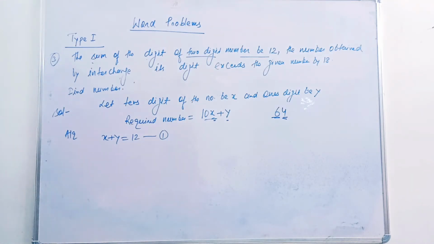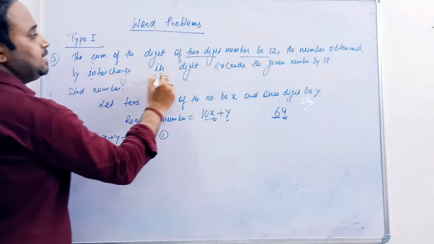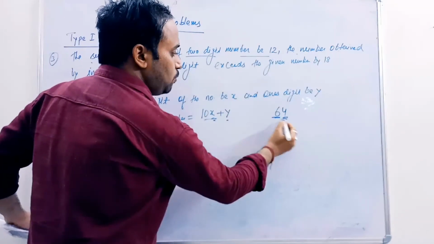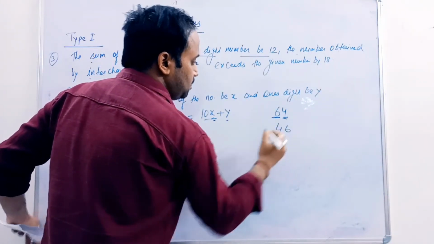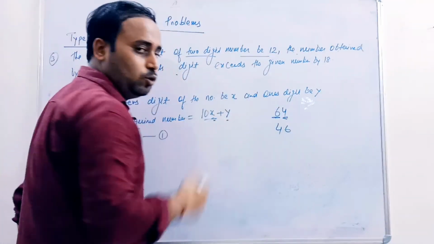Clear? Now the next condition says the number obtained by interchanging its digits. What does interchanging mean? Suppose you have to interchange both in 64: in the place of 4 we write 6 and in the place of 6 we write 4. We have to interchange both positions.